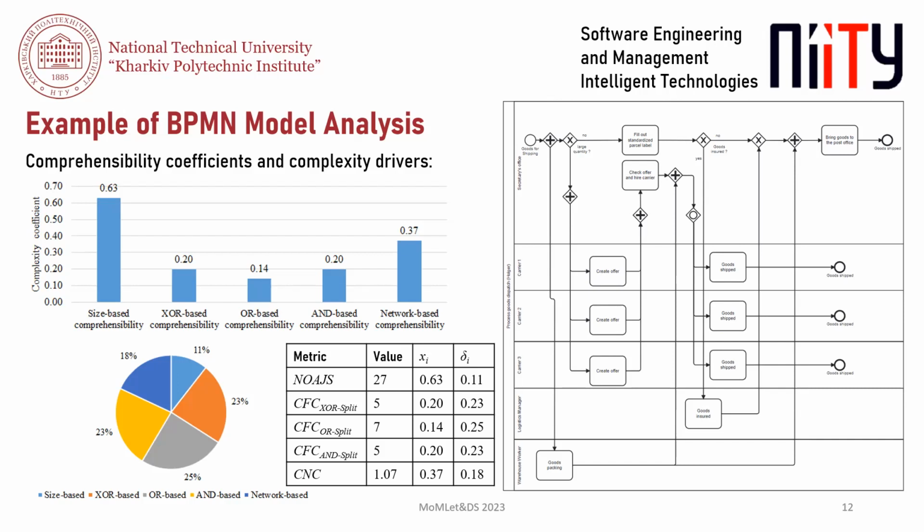And therefore, this matrix can be used as a recommendation to review the correctness and understandability of this business process model, redesign it, and pass it to the next stage of review.